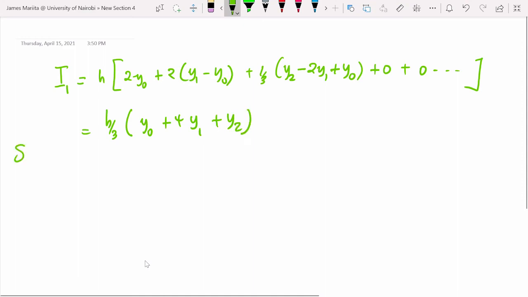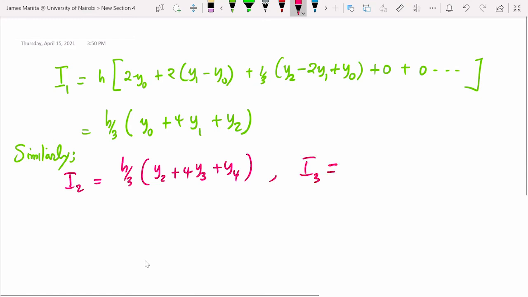Similarly, in the same way, I2 will be h over 3 times (y2 plus 4y3 plus y4).